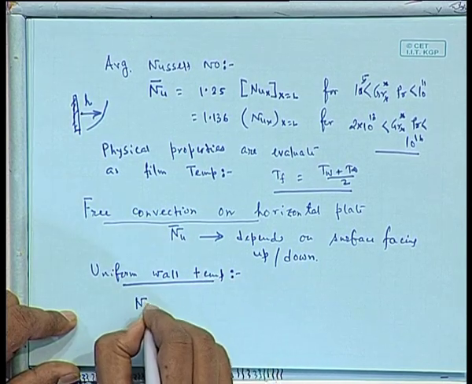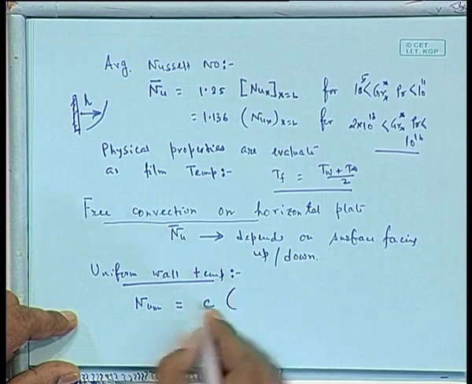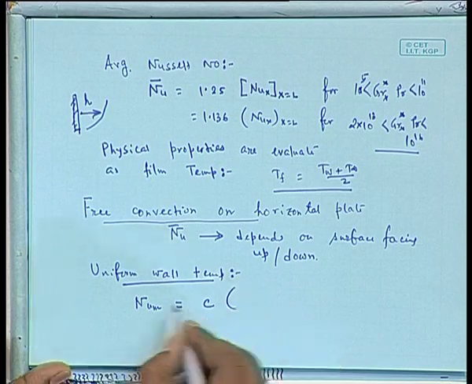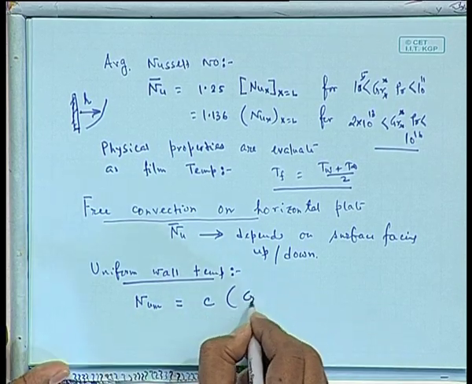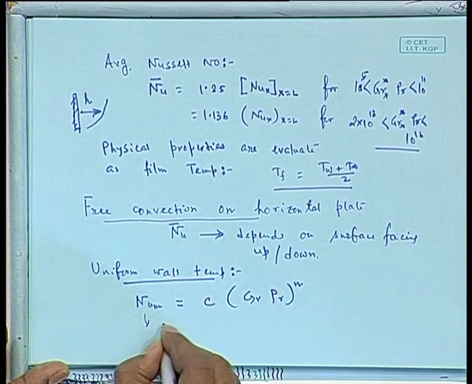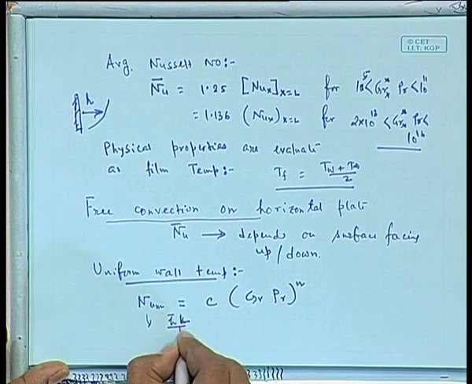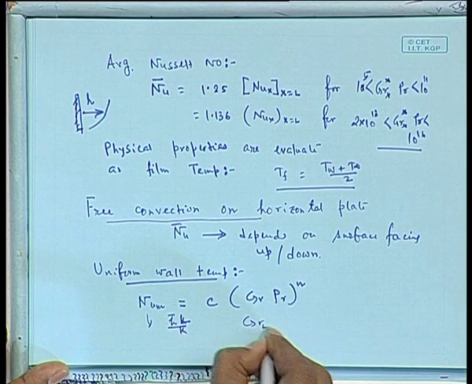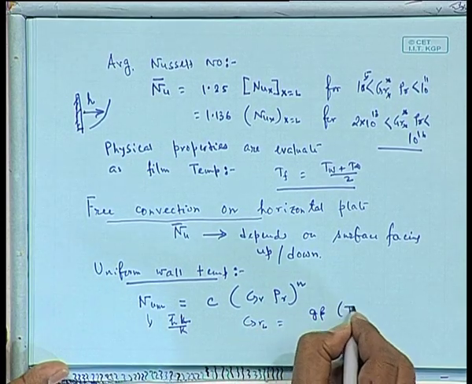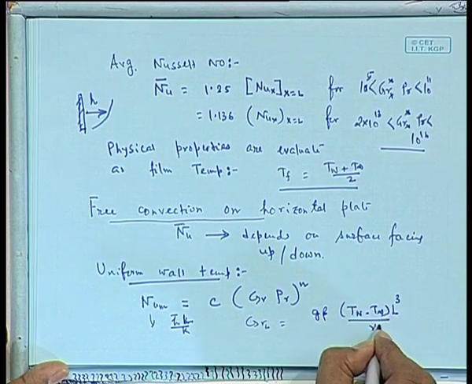Now for uniform wall temperature, the average Nusselt number is C, the subscript m stands for the mean, mean Nusselt number, or you can put a bar over it, equals C times Grashof Prandtl raised to the power n, where this is basically h bar L over k, and Grashof based on length L is g beta (Tw minus T infinity) L cube by nu square.